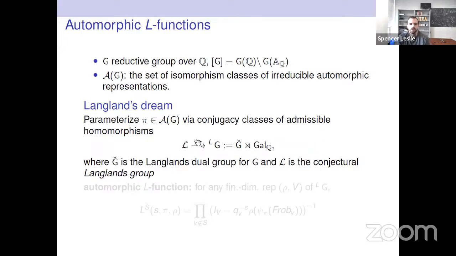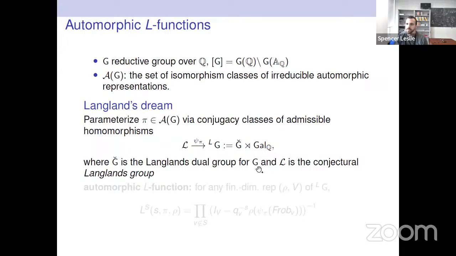This morphism I'll call psi of pi, from this conjectural extension of the Galois group, the conjectural Langlands group, to what we call the L group of G. Here G check is the Langlands dual group, and there's a natural action of the Galois group of Q on that group, and so we take the semi-direct product.